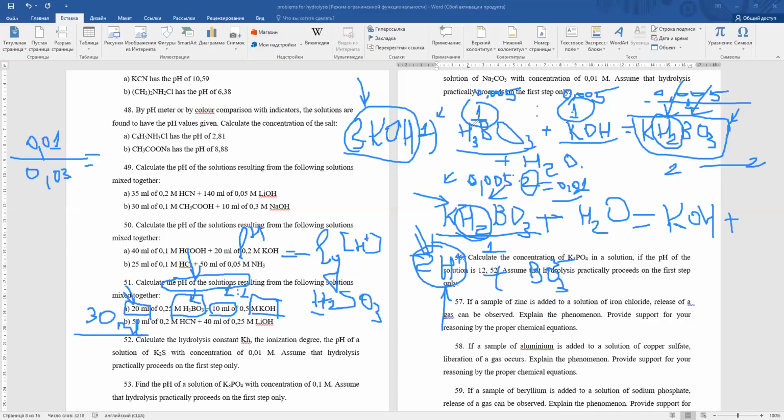So was it supposed to first multiply it by 2, then divide by the total volume? Yes.